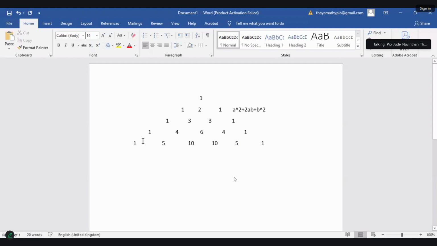Again 1, starting and ending 1. 1 plus 4, 5. 4 plus 6 is 10. 6 plus 4 is 10. And 4 plus 1 is 5. Again 1, and we can go further. So this step is our (a plus b) holding square. This is (a plus b) cube. (a plus b) to the 4, (a plus b) holding 5.